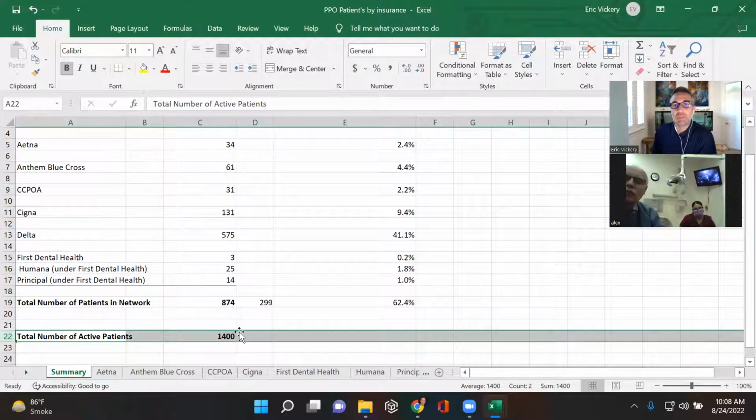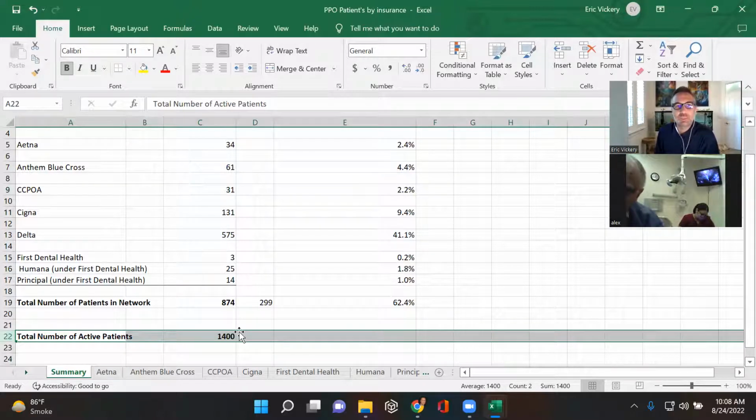Let's do it this way. For every 200 patients you have, you need that many days a week of hygiene. So to have 4 days a week of hygiene, you would need 800 patients. To have 8 days a week of hygiene, you'd have to have 1,600 patients. Every day is equal to 200 active patients.